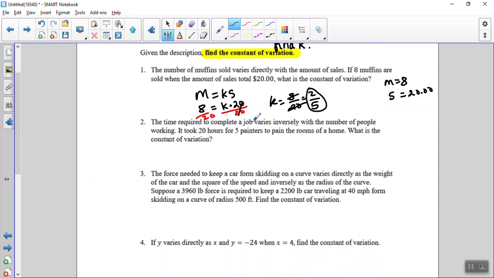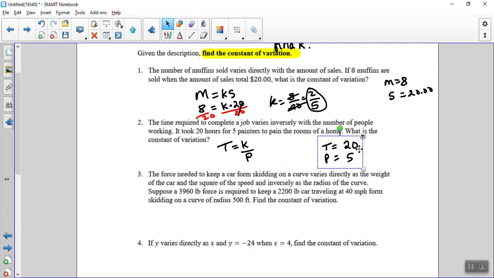The time required to complete a job varies inversely. So I see the word varies. It says the time varies. So time equals K inversely with the number of people working, so divided by the number of people working. It took 20 hours. So that's the time for how many people? 5 people, or 5 painters. So I'm going to substitute those numbers in.